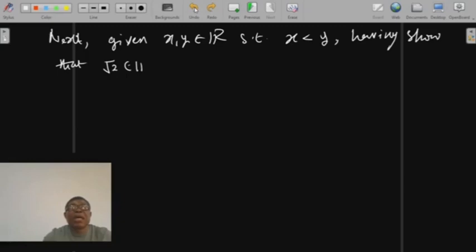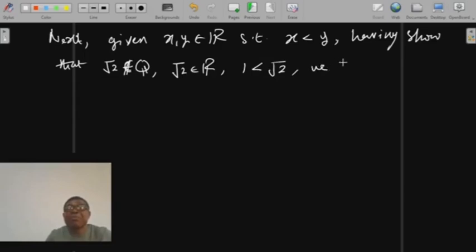Having shown that root 2 is not rational, the first thing we showed is that root 2 is in the irrational numbers. Root 2 is in R, and in the process we obtained that 1 is less than root 2, meaning that root 2 is bigger than 0.